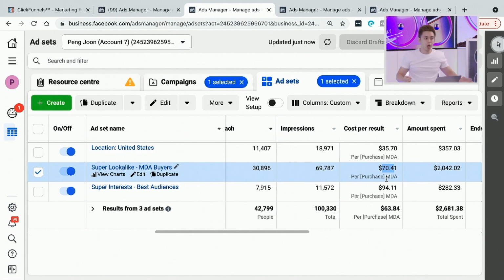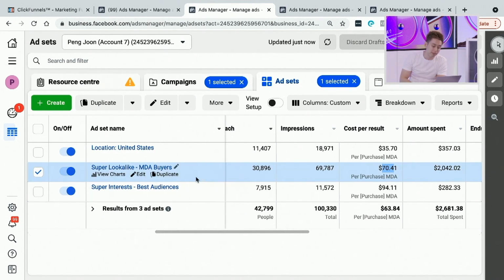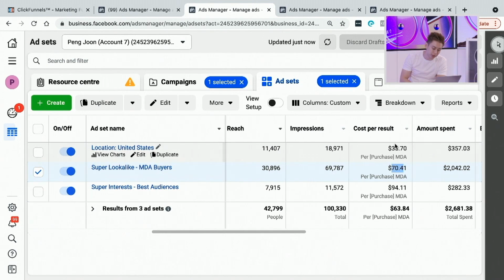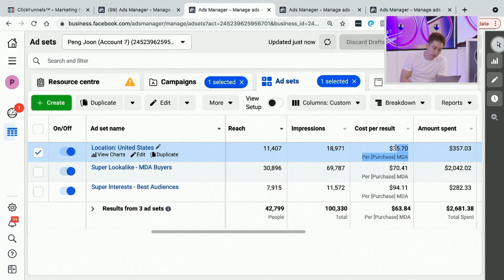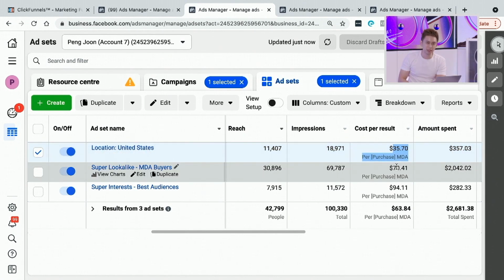So you allow the Facebook algorithm to go crazy by giving it a super no-interest kind of targeting, but again, putting them in the same boat as your warm and hot audiences. And that's why there are scenarios where your cold, no-targeting audiences will outperform your super targeted audience. Does that make sense?